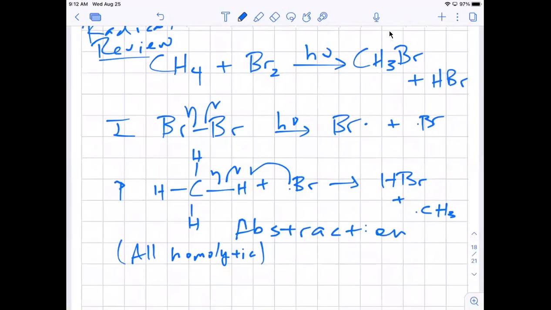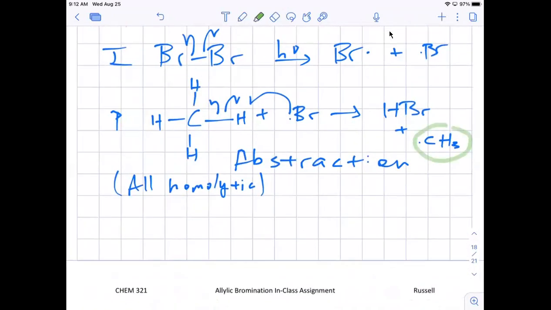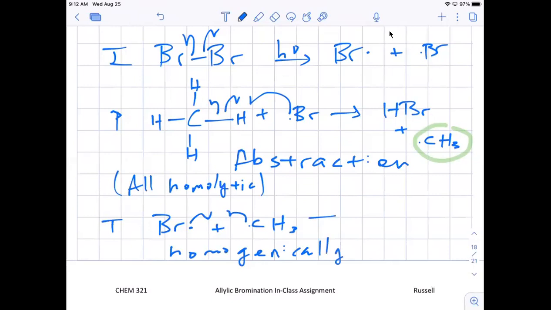And then in termination, this is what I care about. I want to terminate that. So in the termination step, I have the Br bromine radical and the CH3 radical that are going to combine homolytically to give me my product.